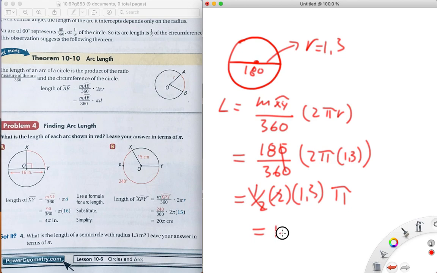I'm just left with 1.3 pi. And this is going to be measured in meters. If I wanted to not use it in terms of pi, it would be approximately 4.1.